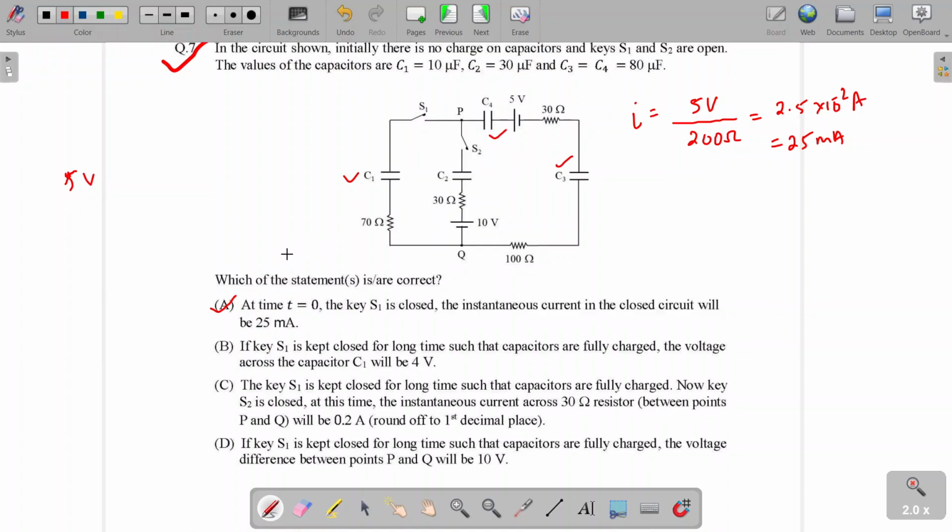So we just need to find the equivalent capacitance of the circuit.